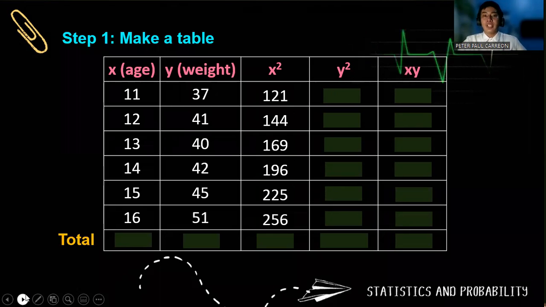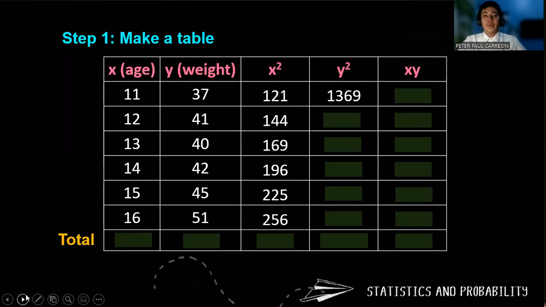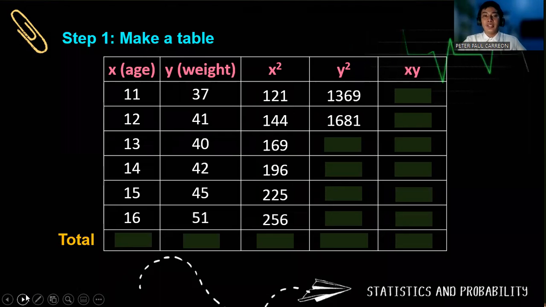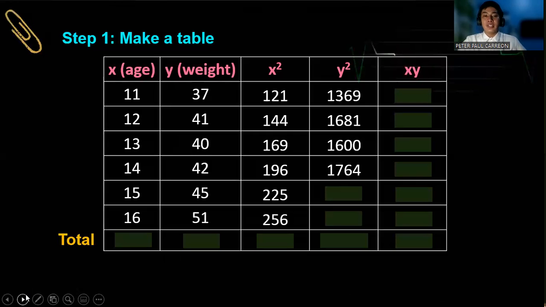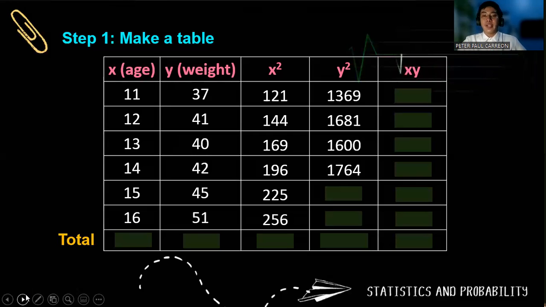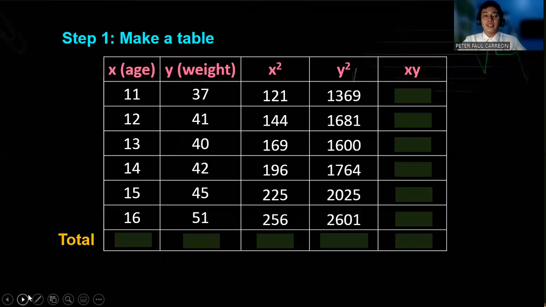So we have 1369, 41 squared is 1681, 40 squared is 1600, 42 squared is 1764, 45 squared is 2025, and 51 squared is 2601. You can double check using your calculators.